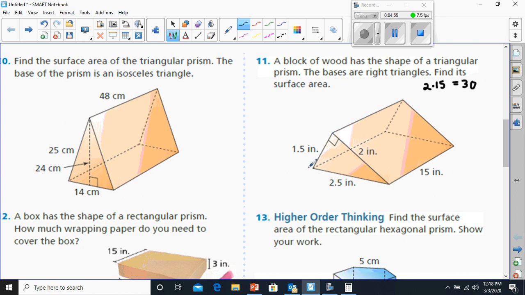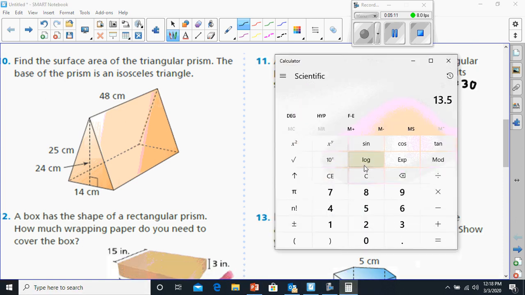This side over here is 1.5 times 15. Let's see what we get with that. 1.5 times 15. That's going to give us 22.5.